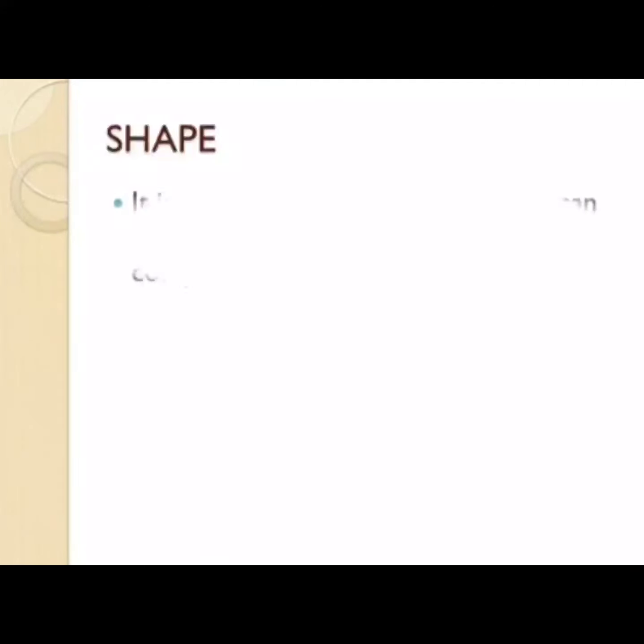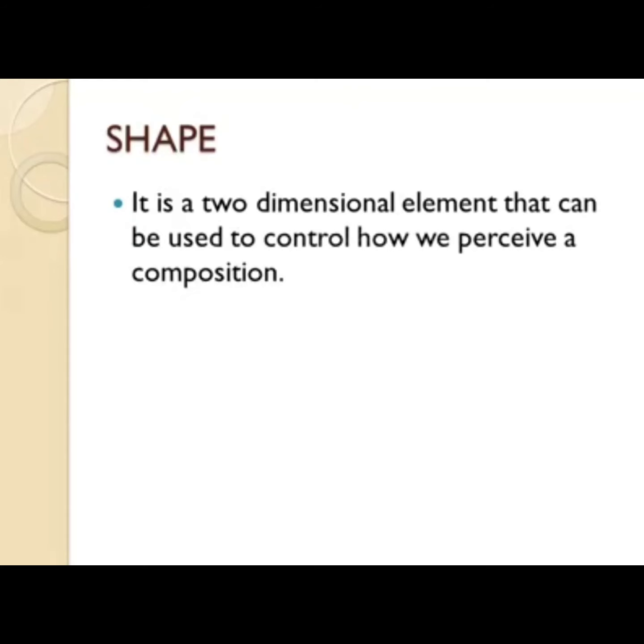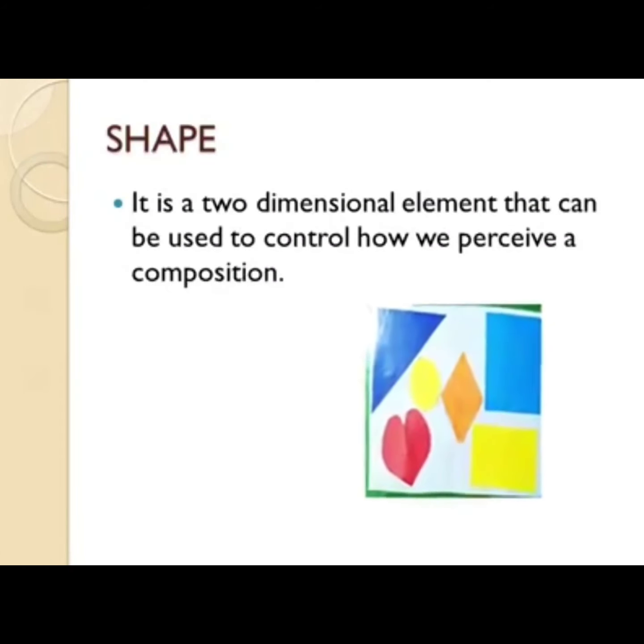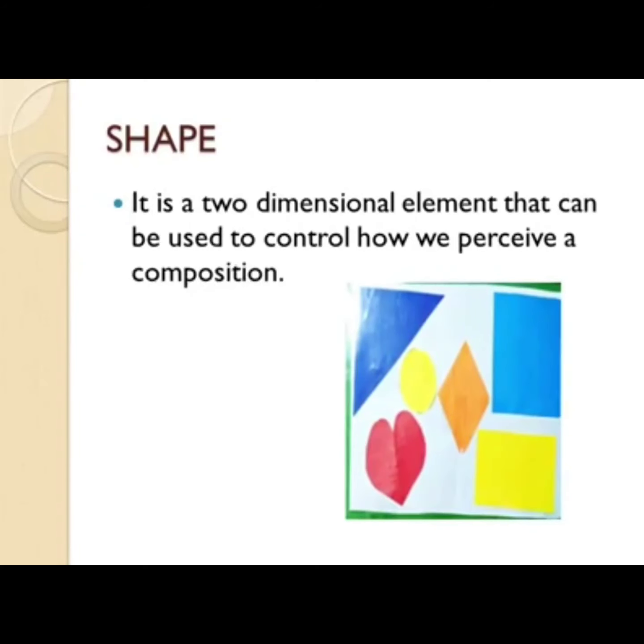Next element is shape. It is a two-dimensional element that can be used to control how we perceive a composition. Okay, so we have learned all these things when we were still kindergarten students. So we learned about triangle, diamond, heart, circle, rectangle, and square.